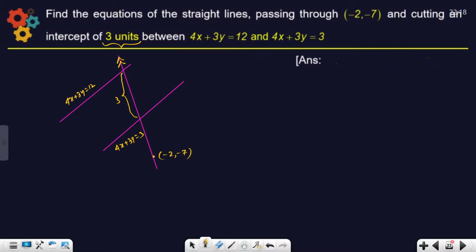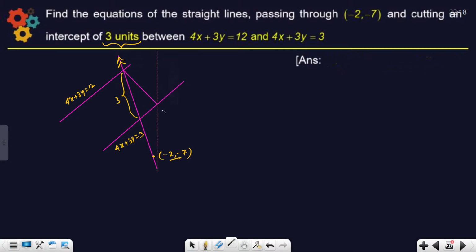To find out the equation of this line, we know that it is passing through the point -2, -7. So all I need is the slope of this line. How to find out that? See, let me do one thing. Let me draw a perpendicular from this point on this line.